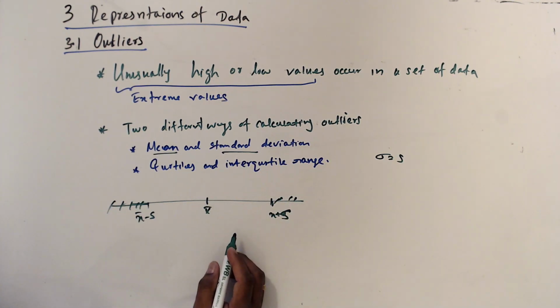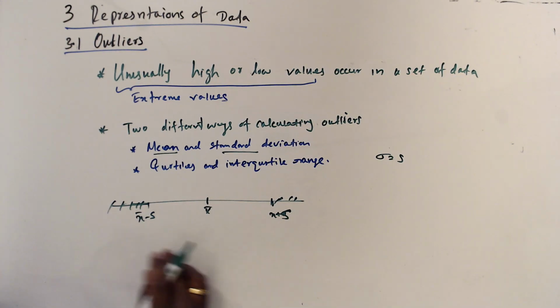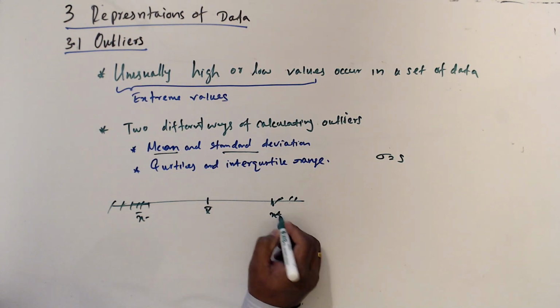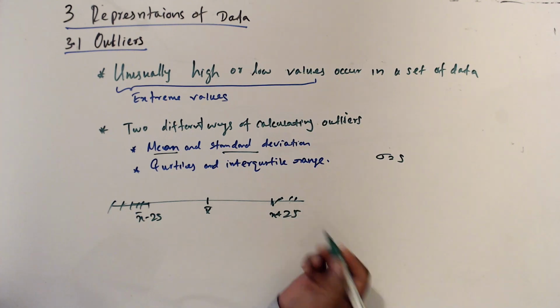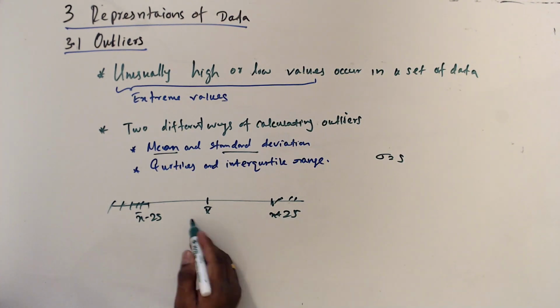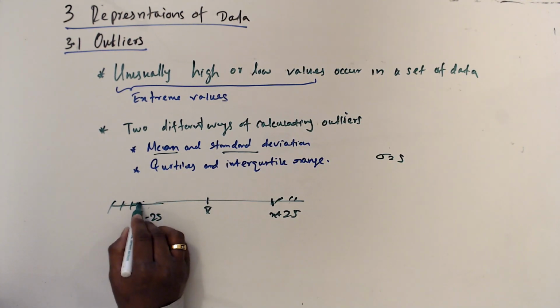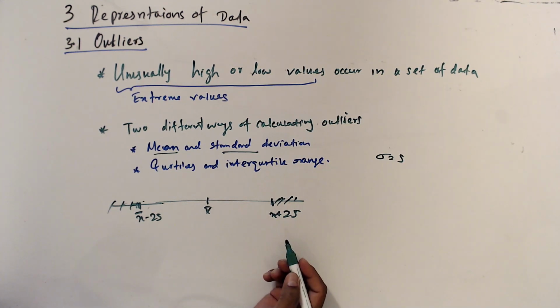Sometimes you can use x bar plus 2s and x bar minus 2s, which is 2 standard deviations away from the mean. So that is one method.